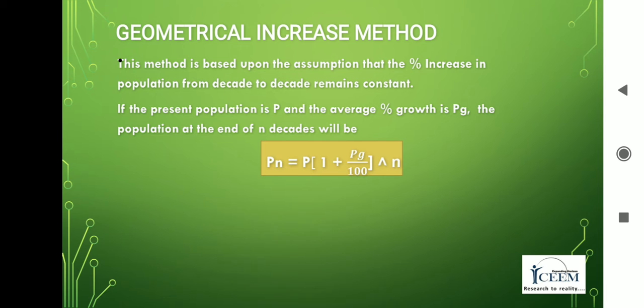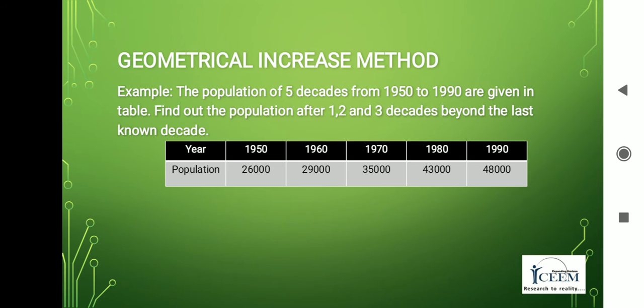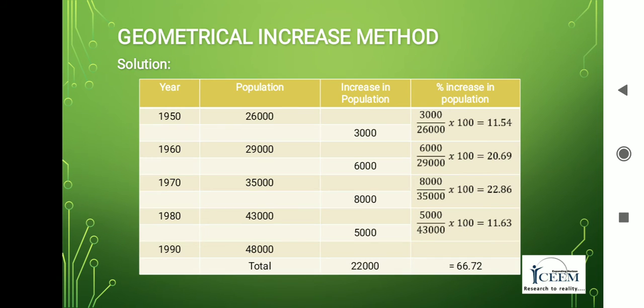Let's see the example of geometrical increase method. The values in the arithmetical increase method problem statement are the same for this method also. It also gives the year and population in that particular decade.